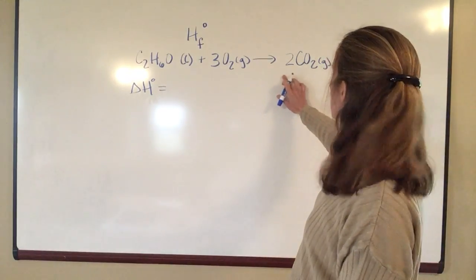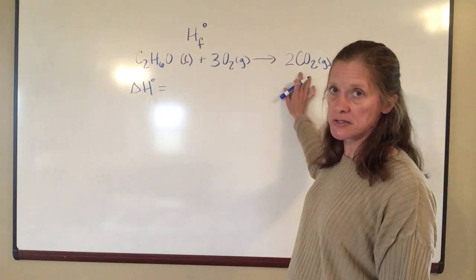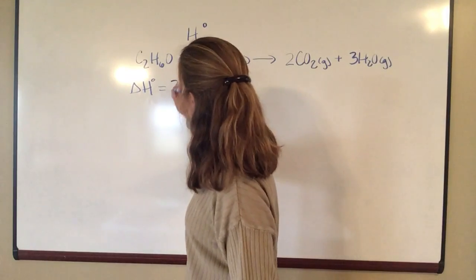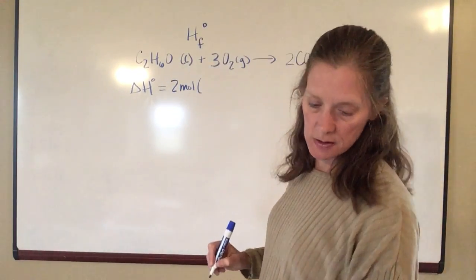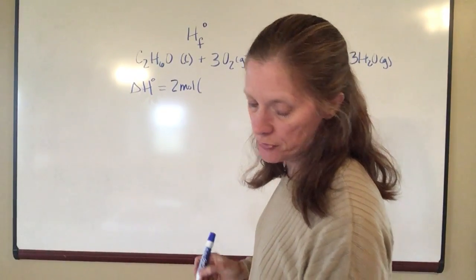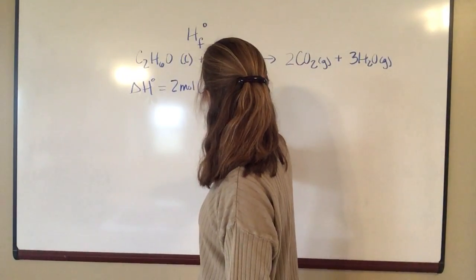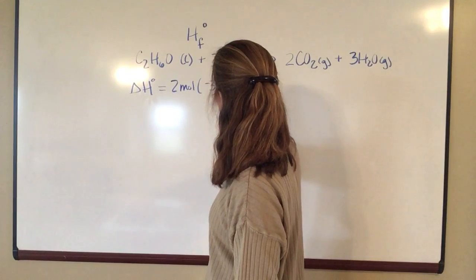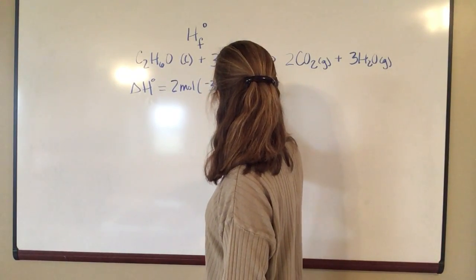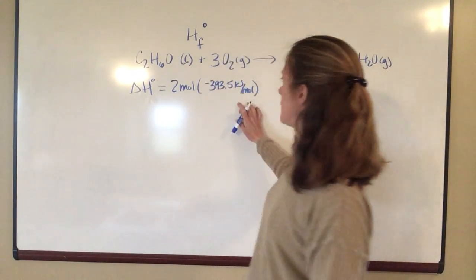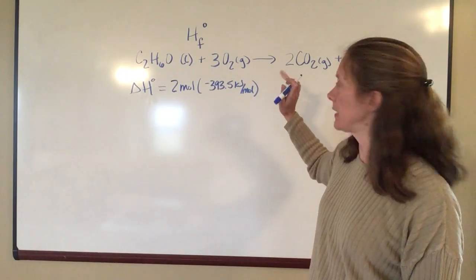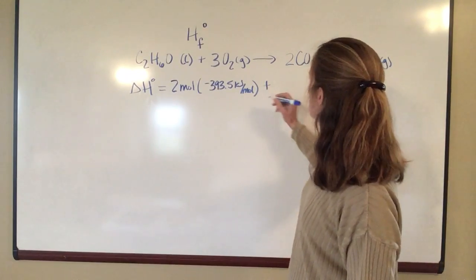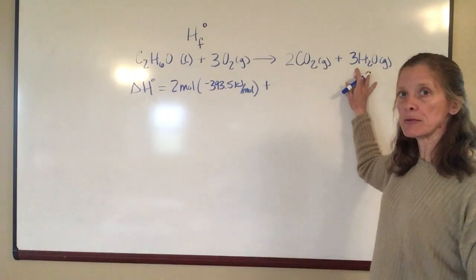So I have 2 moles of carbon dioxide, and so if you look at the table, you will see that the standard enthalpy of formation for that is a negative 393.5 kilojoules per mole, and I'm going to multiply that by 2 moles because there's a 2 in front of my carbon dioxide.